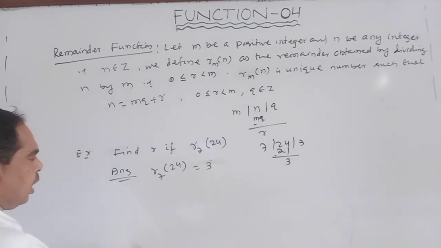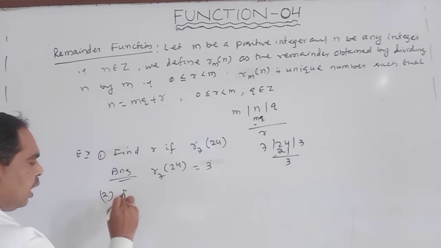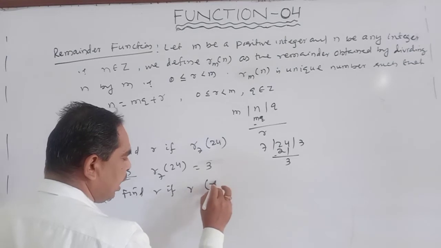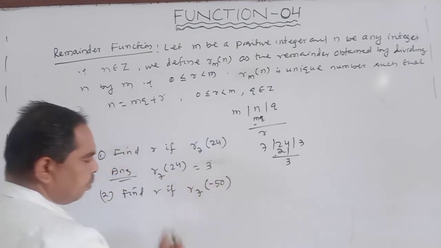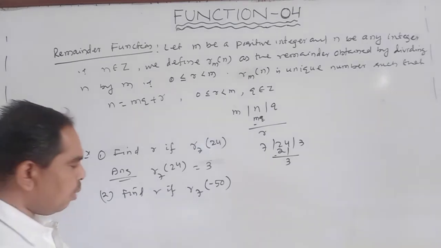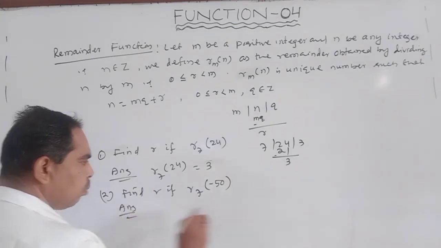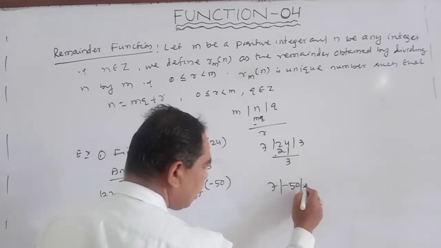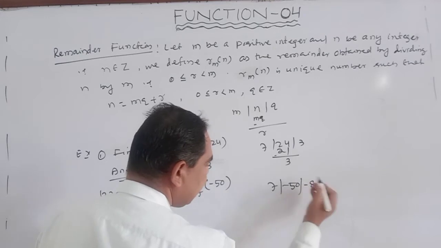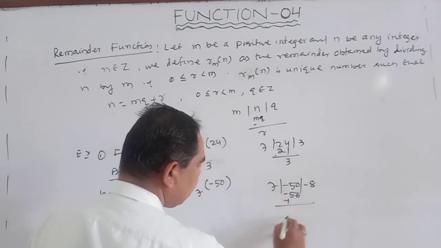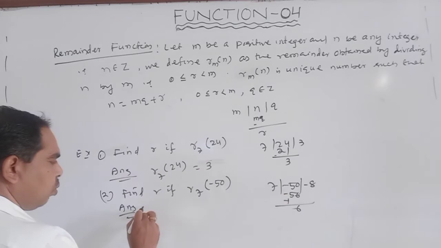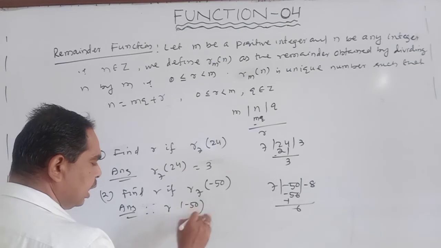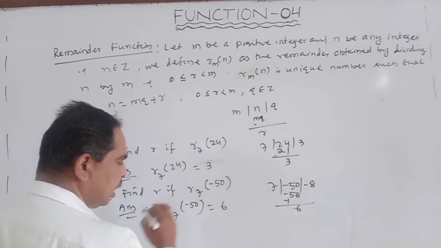Another example, find r of minus 50 base 7. Divide minus 50 by 7: 7 times minus 8 is minus 56, so the remainder is plus 6. Therefore R(minus 50 base 7) is equal to 6.